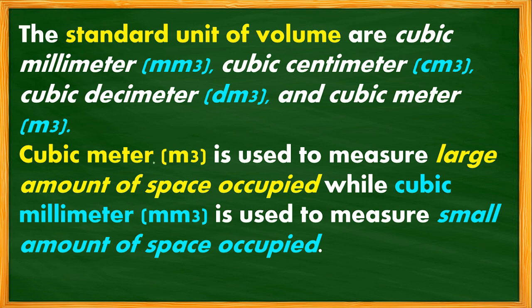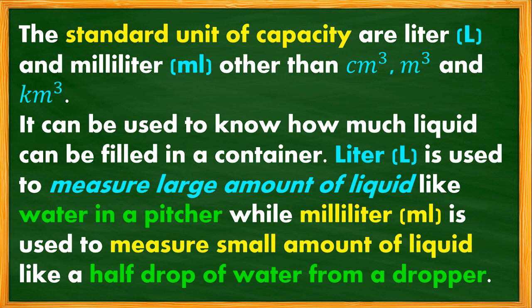For the cubic meter, it is used to measure a large amount of space occupied, while the cubic millimeter is used to measure a small amount of space occupied. Now for the standard units of capacity. So now, for the capacity, they are liters and milliliters, other than cubic centimeter, cubic meter, and cubic kilometer.